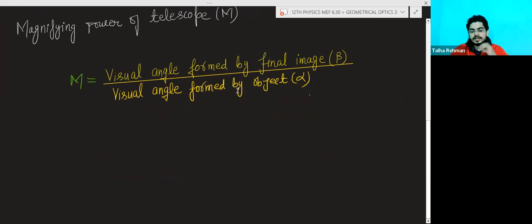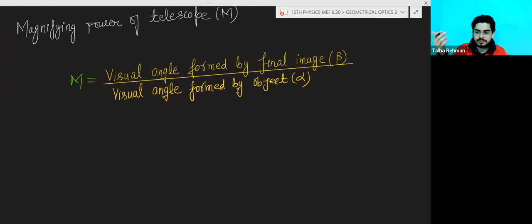Now basically we have two types of telescope. One is refracting type telescope, another is reflecting type telescope. More important is the refracting type telescope, but there are certain limitations of the refracting type telescope. We will discuss that also.